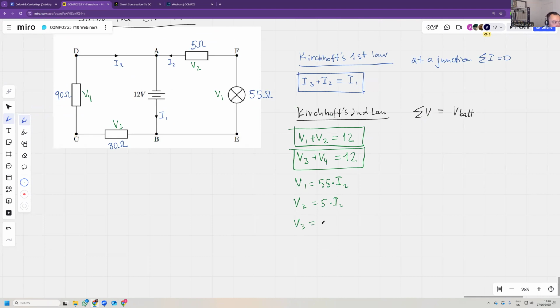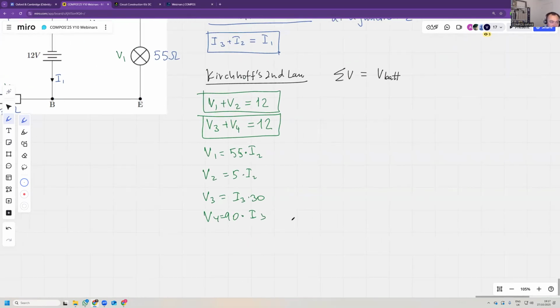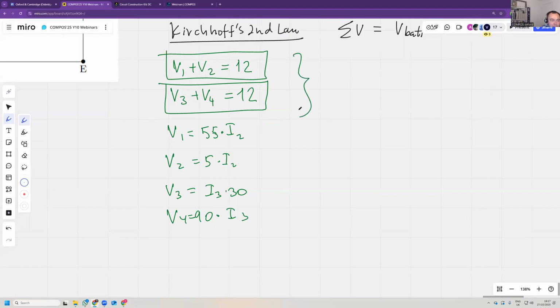V3 is I3 multiplied by 30. V4 is 90 multiplied by I3. Good.